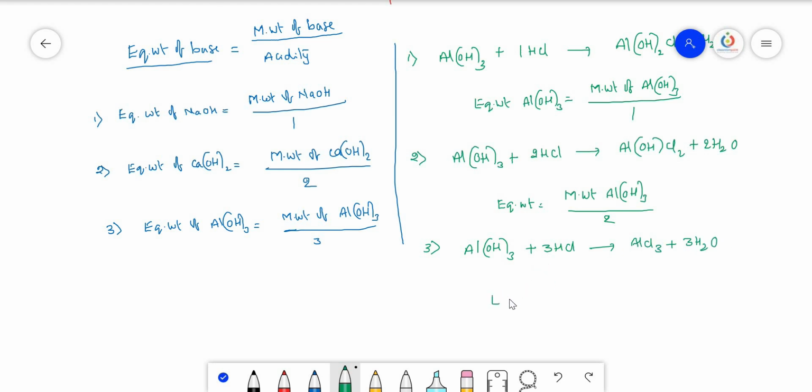So equivalent weight of aluminum hydroxide is equal to molecular weight of aluminum hydroxide divided by the number of OH minus ions of aluminum hydroxide that participate in the reaction. They are 3. So take the molecular mass here, divide by 3. So from this it is very clear that the equivalent mass of a molecule is not constant. It depends on the reaction.